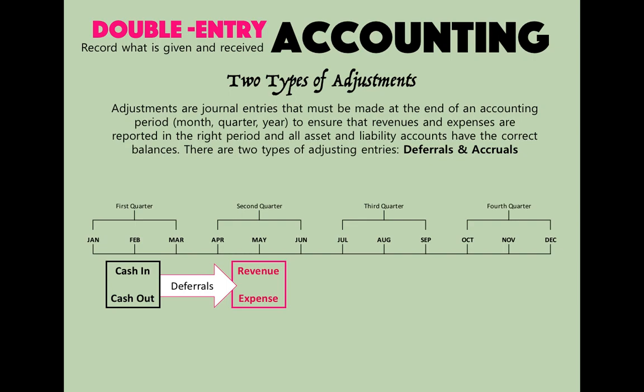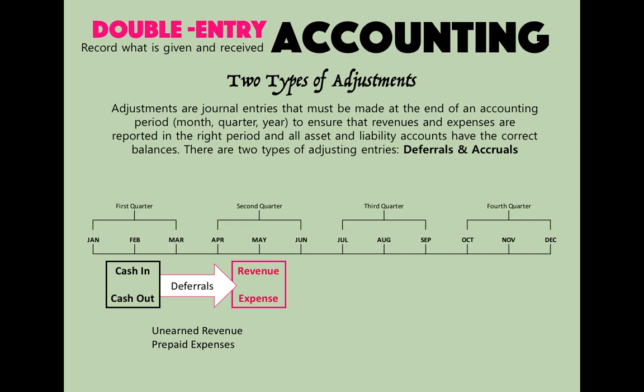So, say somebody pays me in the first quarter, and I do the work in the second quarter. Well, I'm going to have to make a deferral adjustment to record the revenue in the second quarter, because I already got the money back in the first quarter. These deferrals come in two kinds: unearned revenue deferrals and prepaid expense deferrals.